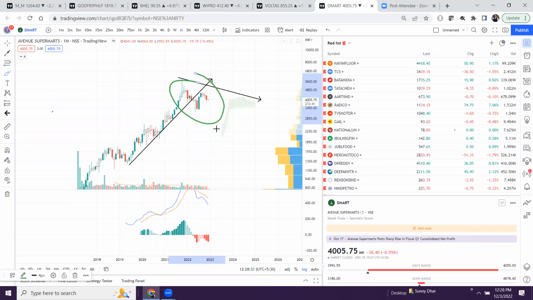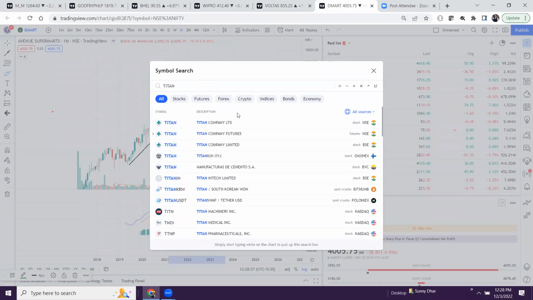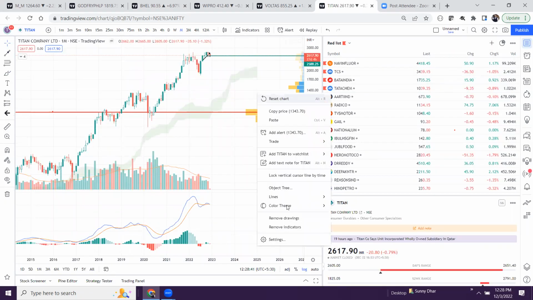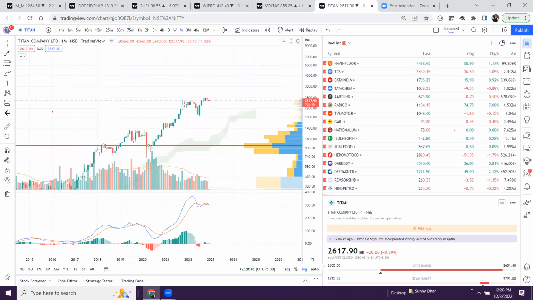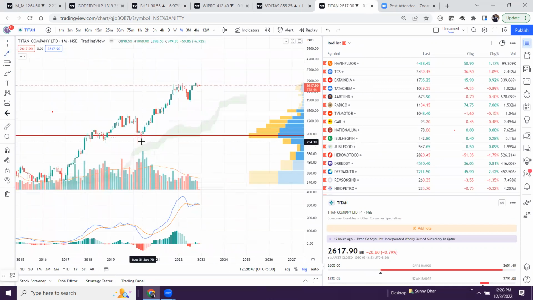Can you also look at Titan? So Titan, all these charts are equivalent to a Nifty chart. You see this is an impulse, followed by a correction, right?